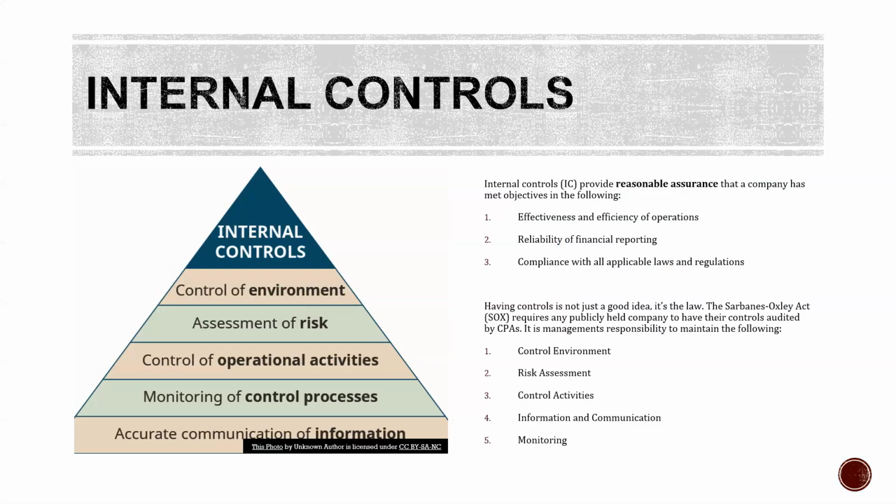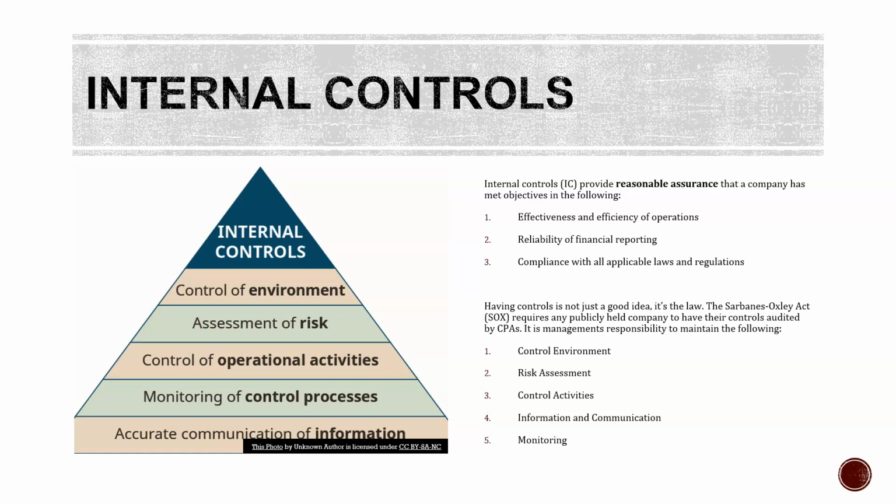The final thing that I want to talk about here is internal controls. Okay, so internal controls we'll all refer to pretty frequently as IC, simply provide reasonable assurance. And I've got that term bolded on this slide for a reason. That's because in accounting, we never talk in absolutes. I can never absolutely assure you that we've met any of those objectives.